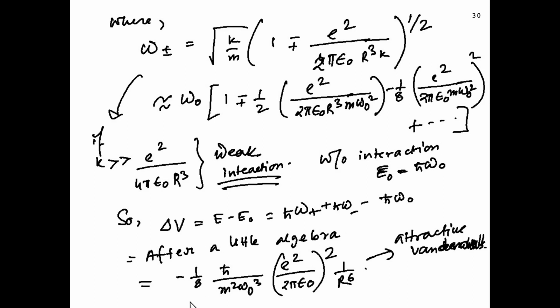So after a little algebra, you get this expression of this effective potential of the problem because of the interaction, or effective energy, and that is basically a 1 by r to the power 6 form, which we know, and it is attractive because its sign is negative, and that we know as the van der Waals potential. That is why we use this attractive potential 1 by r to the power 6, which comes from the Coulomb interaction of the dipole moment, or the positive or negative part of the electron and nucleus interaction.